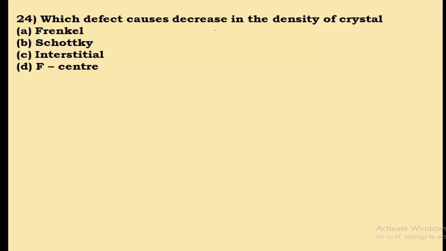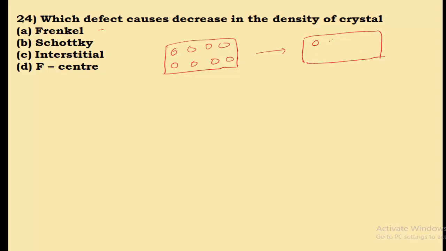24th, the defect causes decrease in the density of the crystal. So option A, Frenkel defect. You already learned that if there is a presence of particles in the crystal like this, then upon arise of Frenkel defect, one or two of the atoms will move to the interstitial site, leaving the original site.